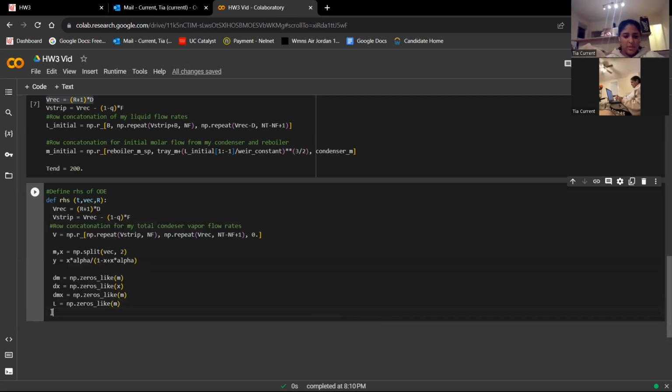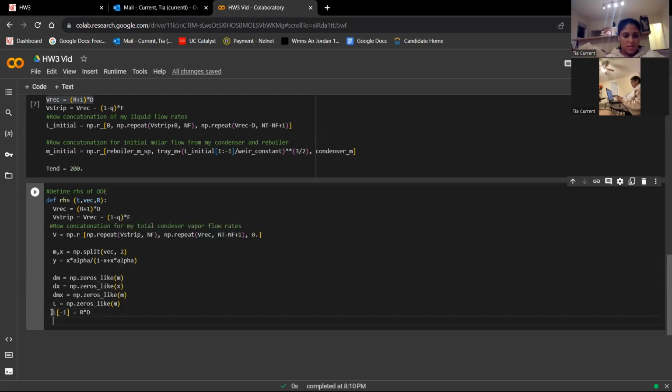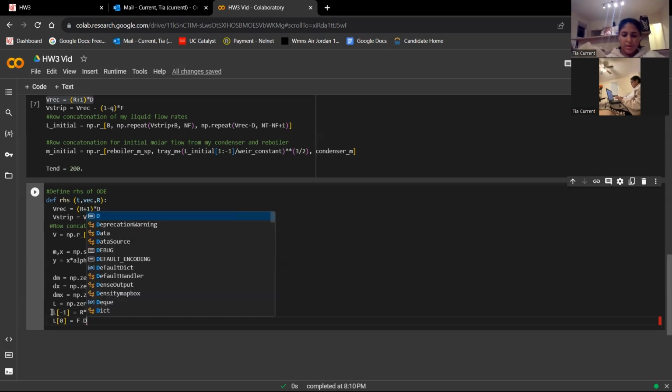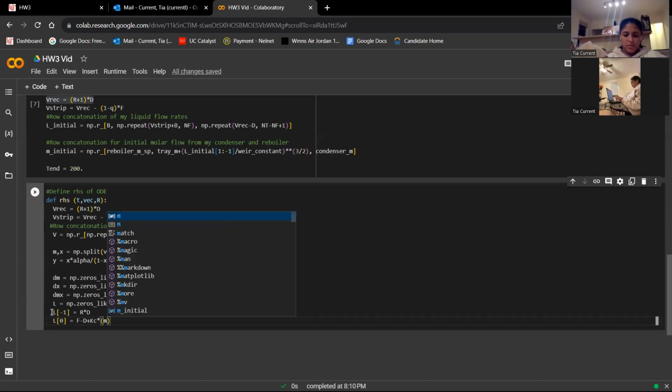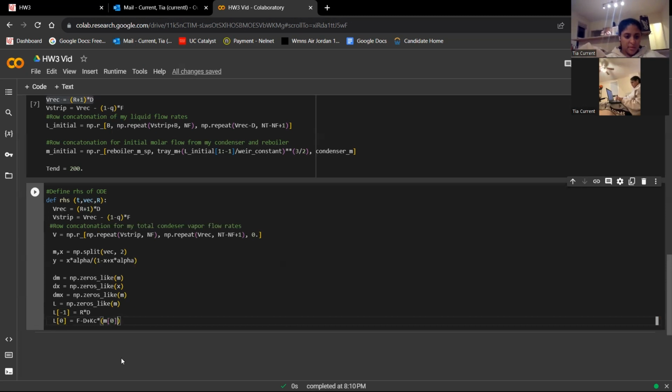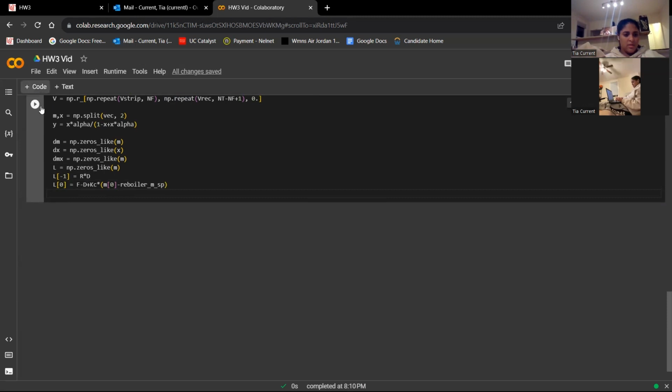L -1 R times D 0 plus 40 times M 0 minus reboiler MSP.